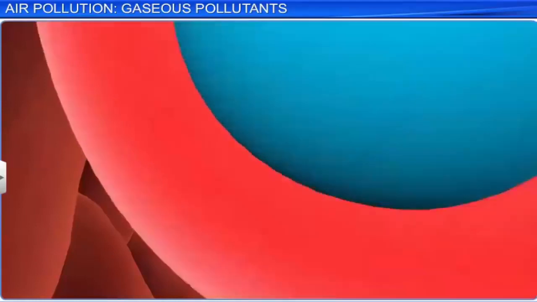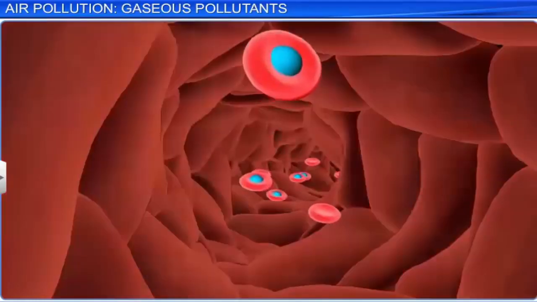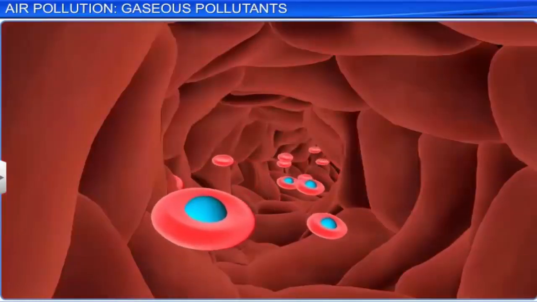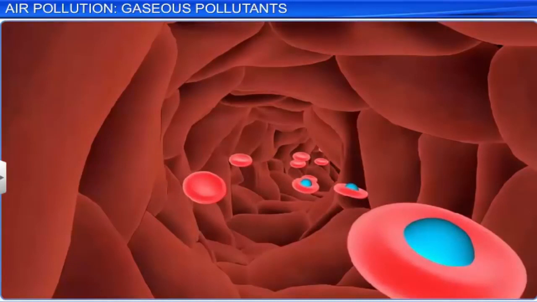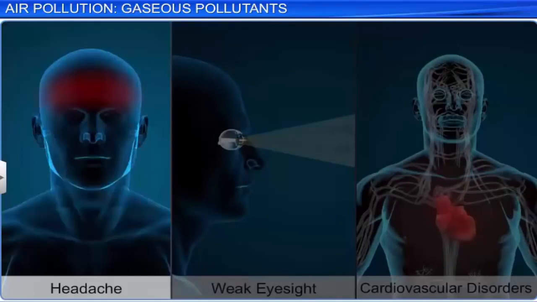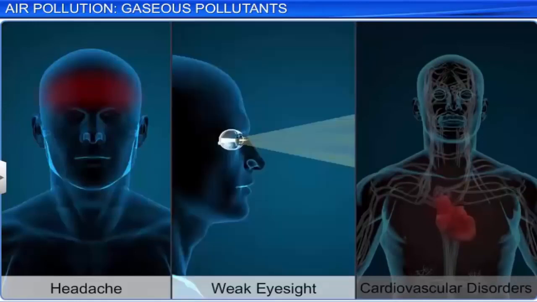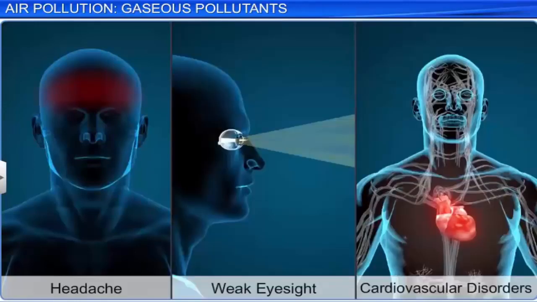When the concentration of carboxyhemoglobin reaches 3 to 4%, it reduces the oxygen carrying capacity of blood. This results in headache, weak eyesight, and cardiovascular disorders. In extreme cases, it can also cause death.